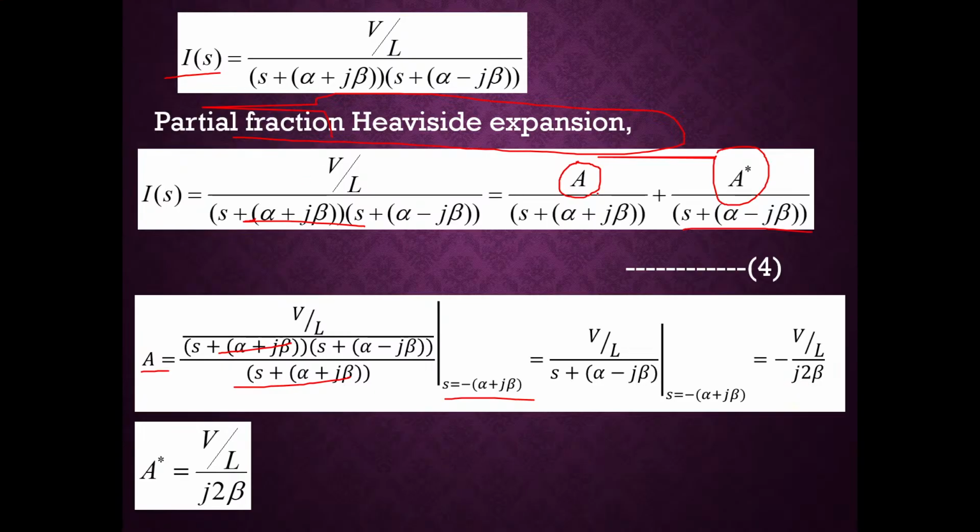Another term is A conjugate. Since you know A, you can determine A conjugate. The negative term will become positive here. A conjugate is V by L divided by 2j beta.